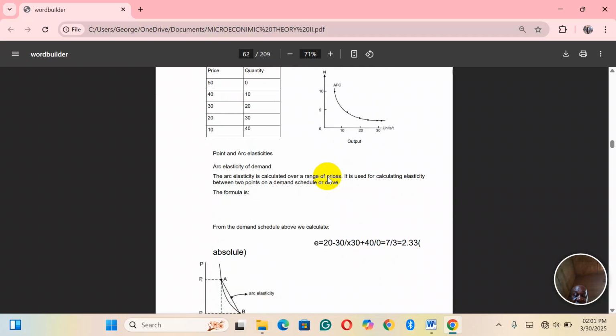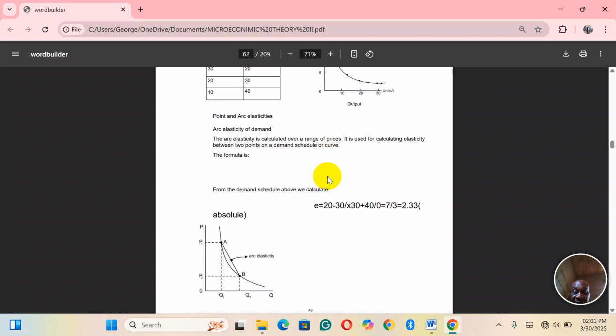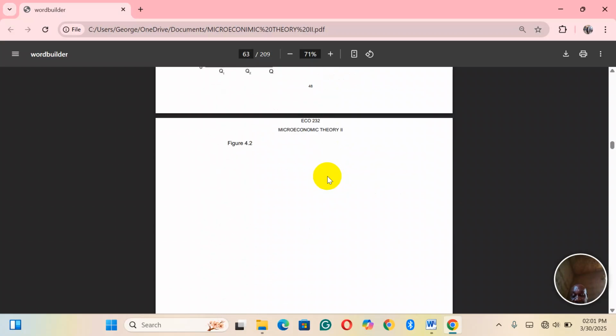So the formula, from the demand schedule above, is calculated as elasticity equals 20 minus 30 over 30 plus 40 over 0, equals 7 over 3, equals 2.33. So we can see the arc there, between point P2 and P3, and they are meeting at B.